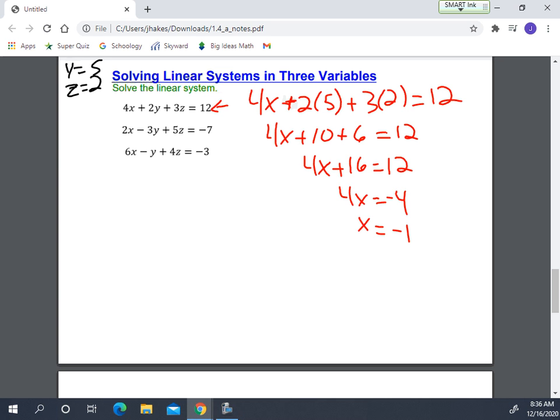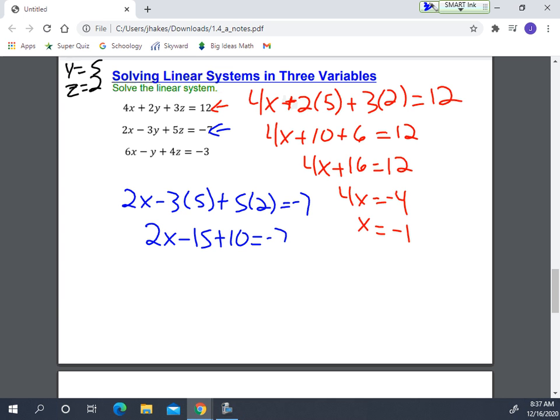Okay, I'm going to show you if we plugged it into this equation. Okay, you get 2x minus 3 times 5 plus 5 times 2 equals negative 7. Do the math, you get 2x minus 15 plus 10 is equal to negative 7. 2x minus 5 equals negative 7. 2x is equal to a negative 2.